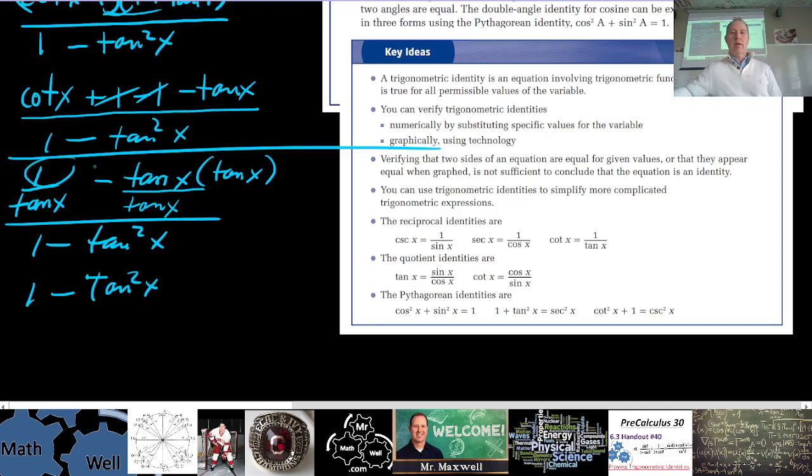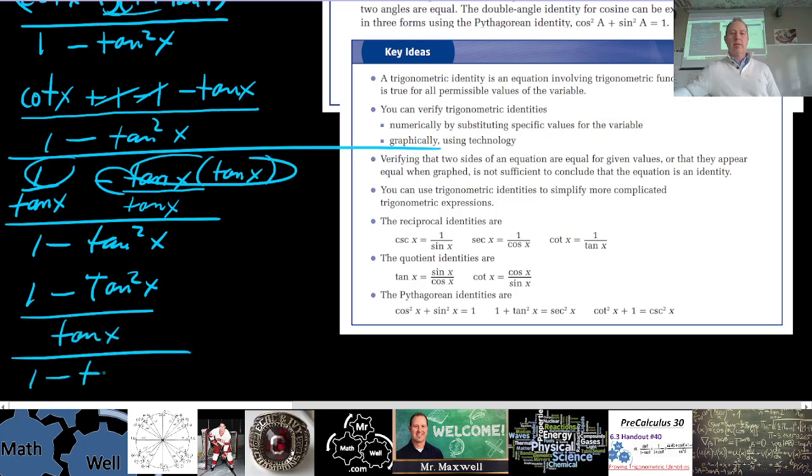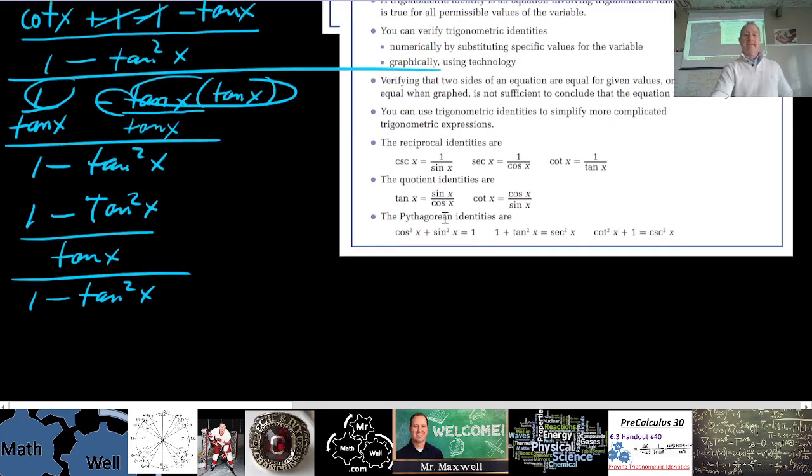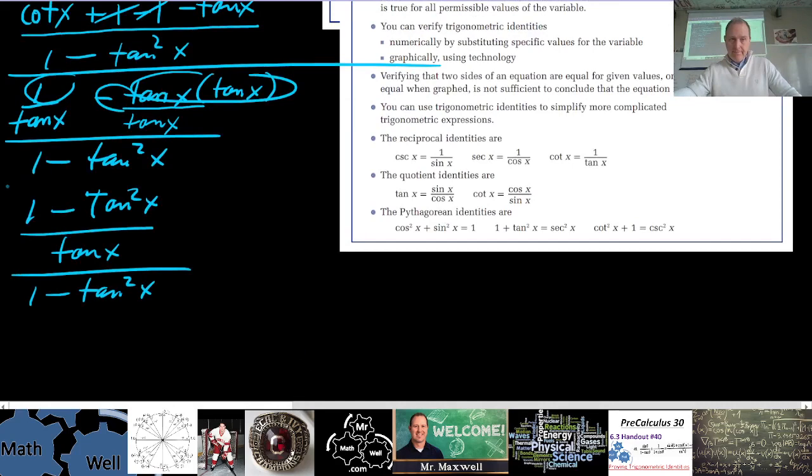You see that? 1 minus tan squared x all over tan x, all over 1 minus tan squared x. Weird, eh? Not weird? Okay.